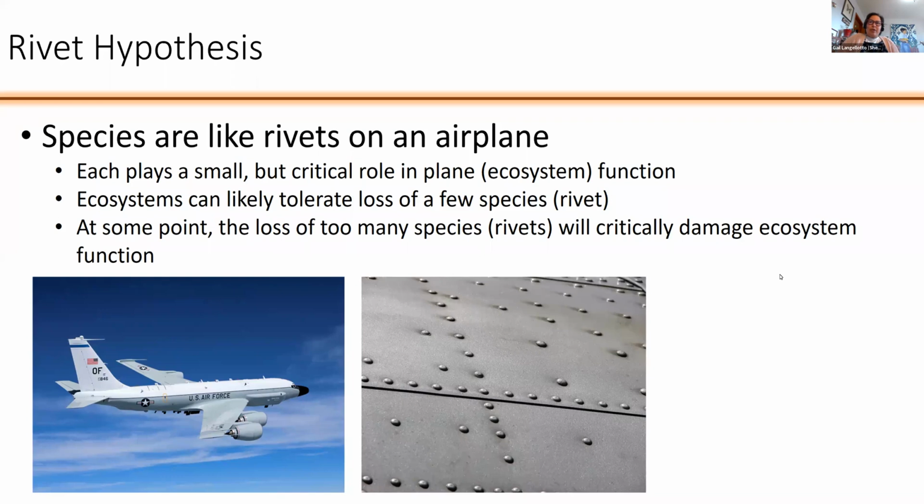Each one plays a small but critical role in plane function, such that ecosystems can tolerate the loss of a few species, the same way that a plane can likely tolerate the loss of a few rivets. But at some point, if you lose one too many species, that ecosystem will be irrevocably changed and damaged, much the same way that if you pop out one too many rivets, that plane is no longer going to be able to function as intended.